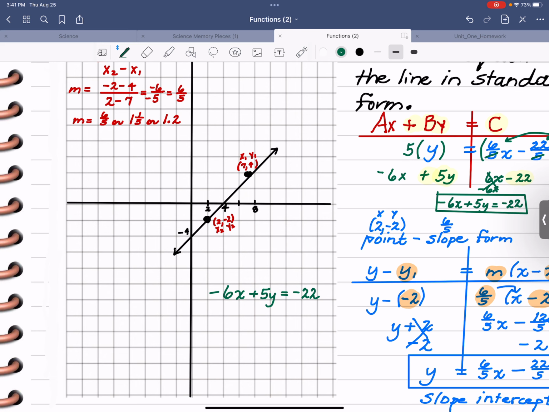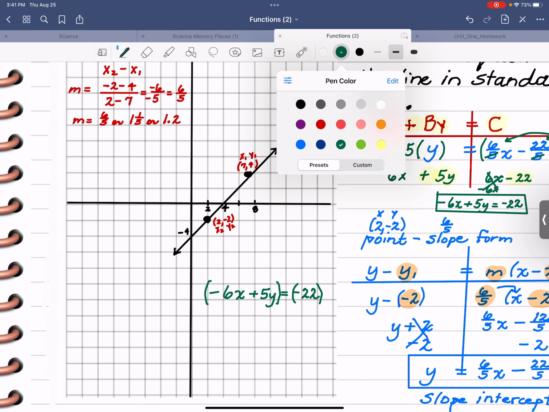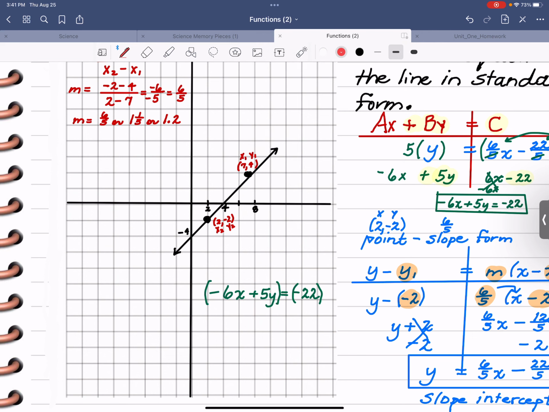So to do that, I'm going to do what I did with my 5 over there. I'm going to multiply everything by negative 1. If I do it to both sides, I'm fine. I can do whatever I want to as long as I do it to both sides. So I'm going to say negative 1 and negative 1. All that's going to do is reverse the signs for me, which is what I want.